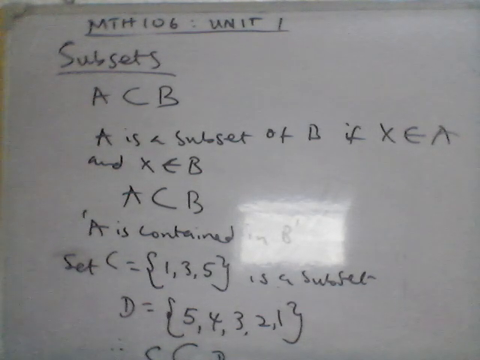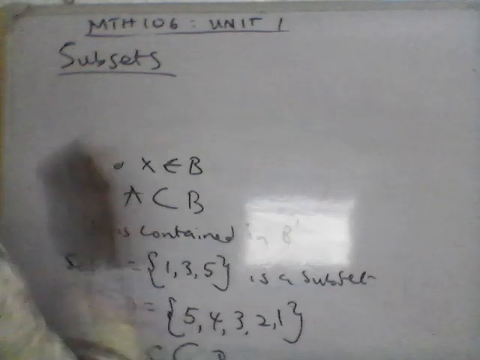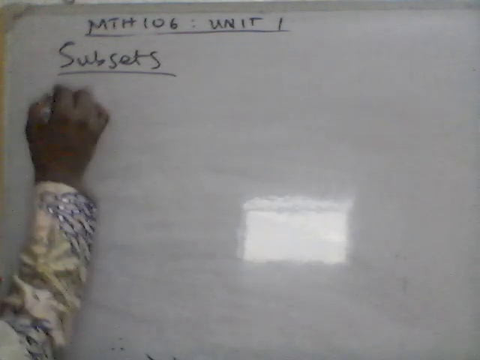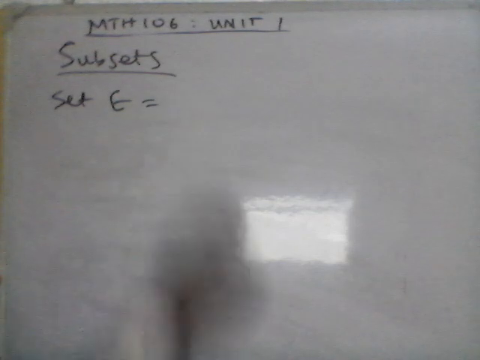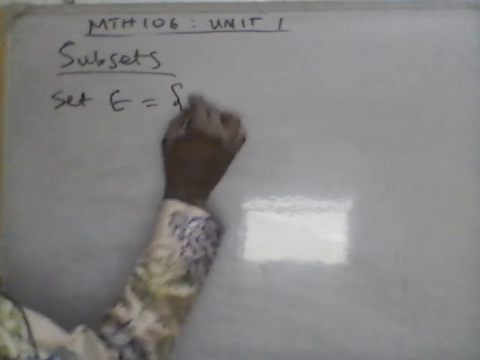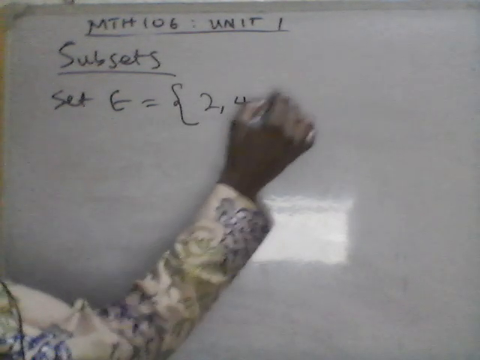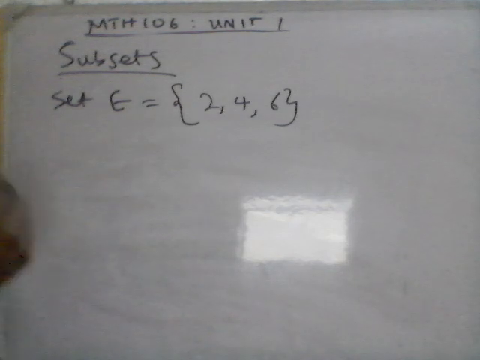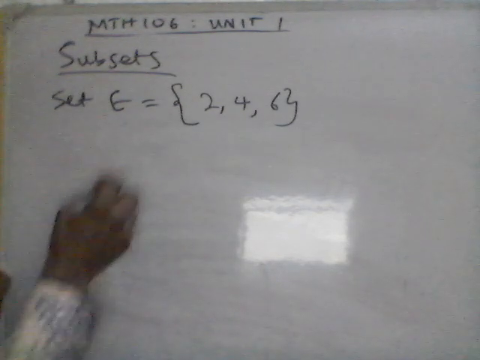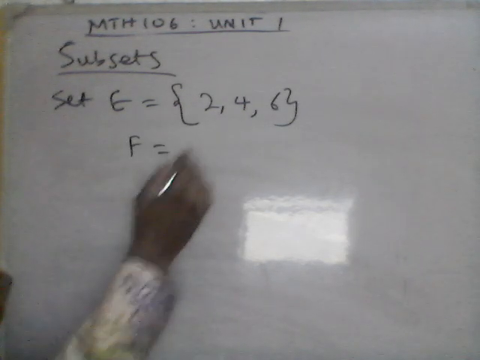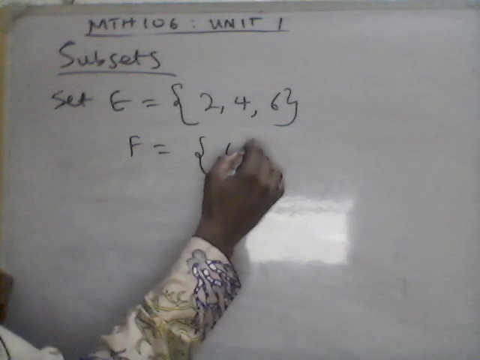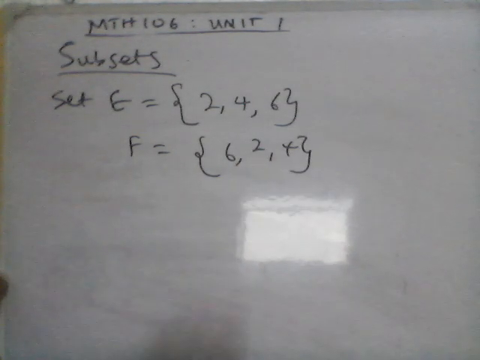I'll quickly give another example. If I have set E, and set E has the elements 2, 4, 6, and F has the elements 6, 2, 4, this is very interesting.